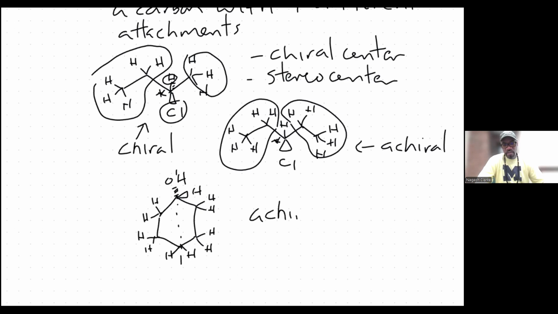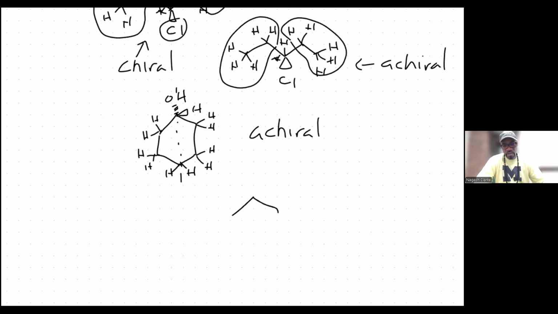But what if I had a ring scenario where I had two attachments to it, like an OH and another OH, H here, H here. Both these carbons are actually chiral. So let's see. I have an OH, I have an H, and then I go on this side of the ring. It looks different from this other side of the ring, right?